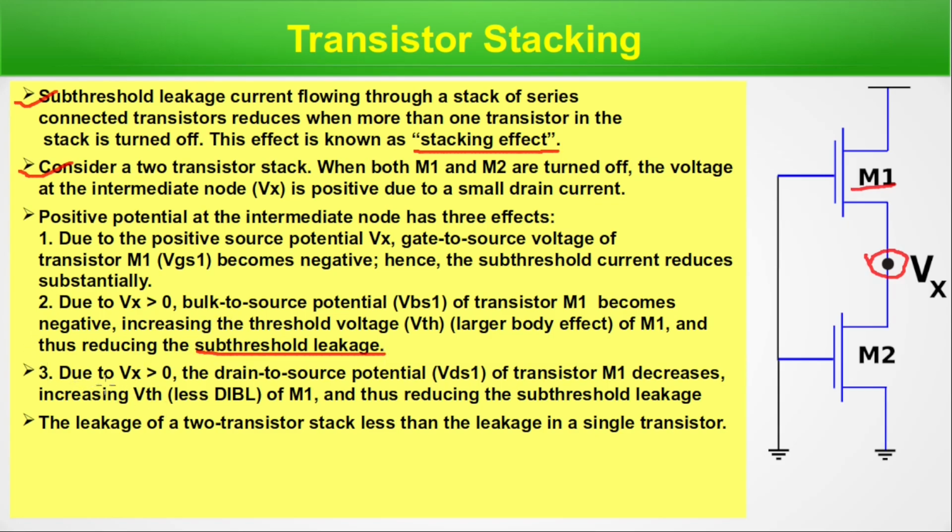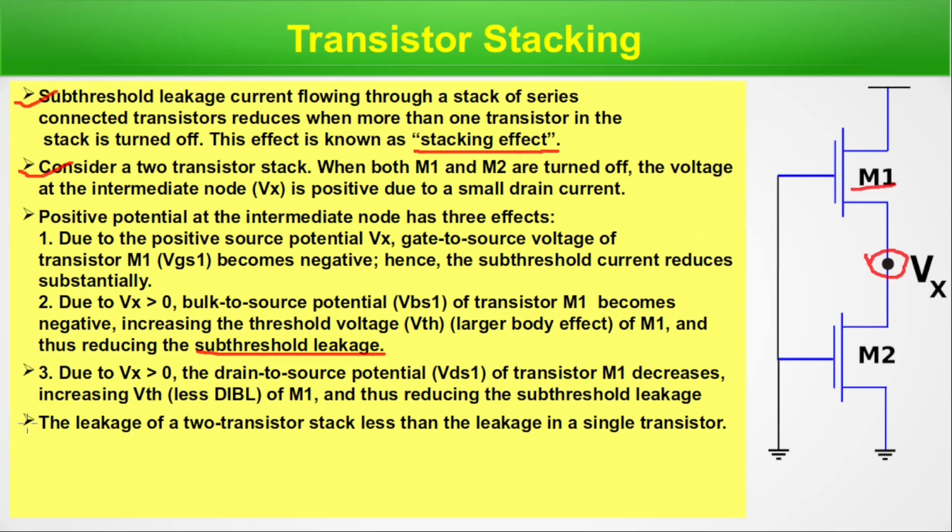And third, because Vx is greater than 0, the drain to source potential of transistor M1 decreases, increasing VTH, and thus reducing the subthreshold leakage. The impact of drain to source potential decreases, so DIBL is reduced.